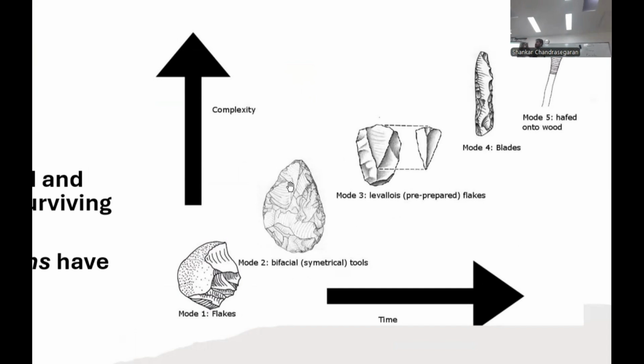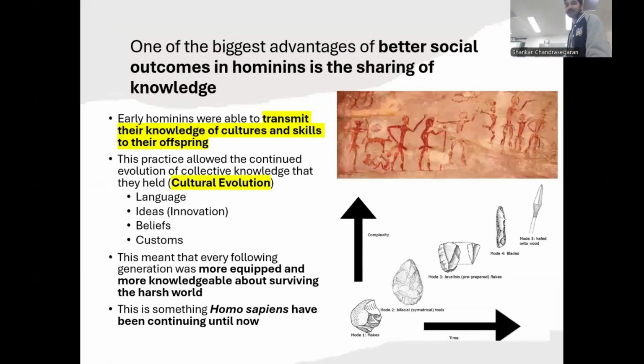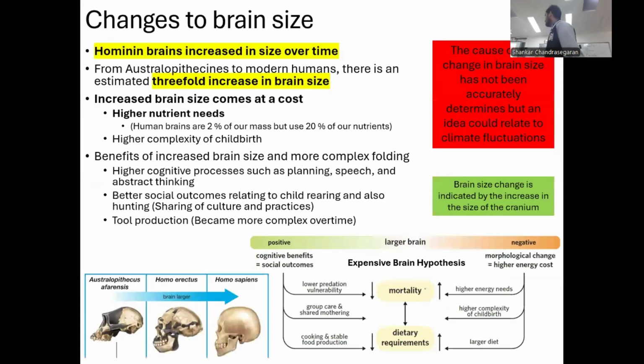But as a result of hominins being able to share their knowledge, share their culture with each other, at each generation, it became more and more complex towards the task, to the point where we even started to make spears and basically get very good at using them as well. So this is a result of the knowledge sharing that emerged as a result of the bigger brain.